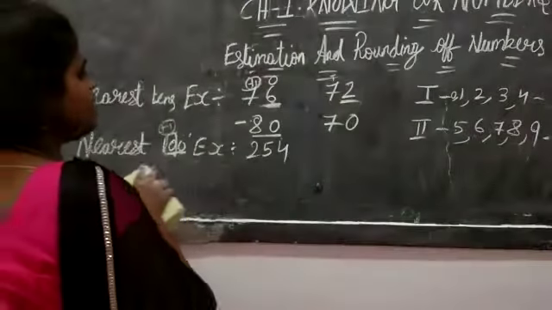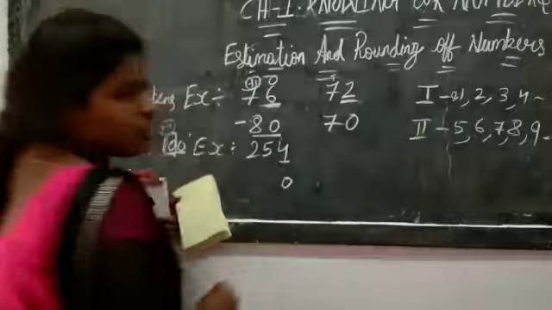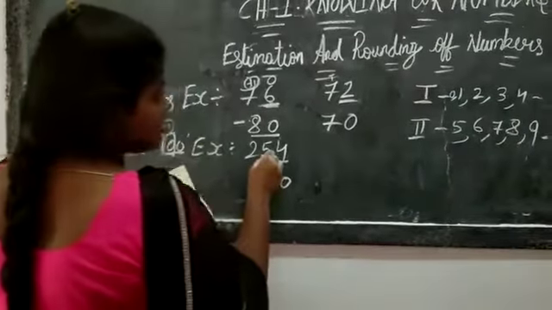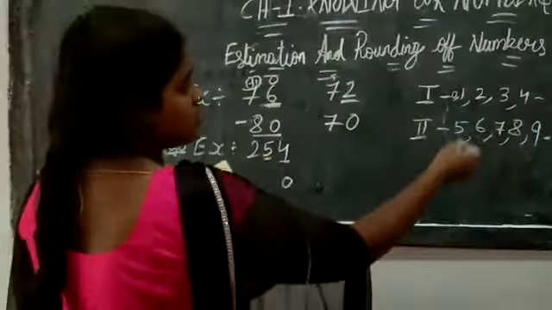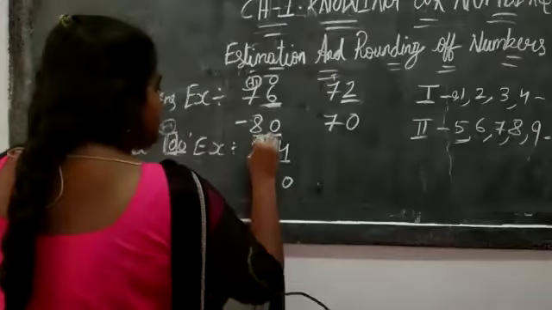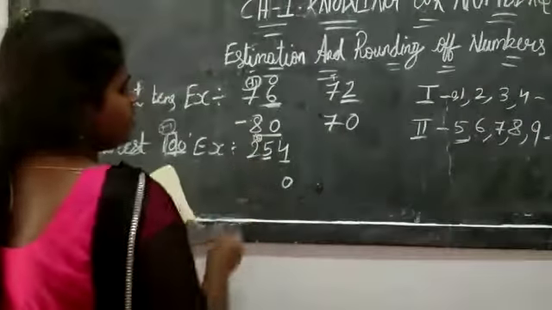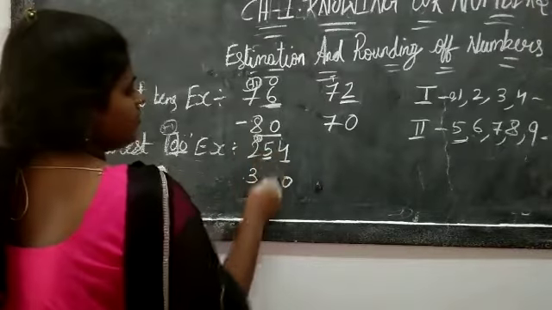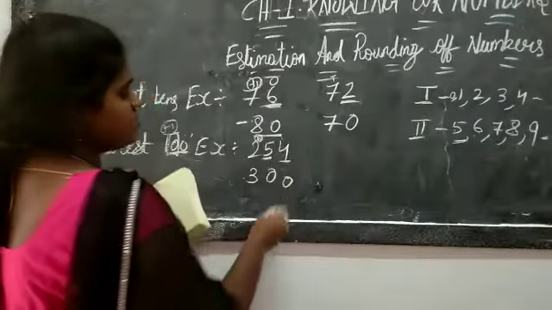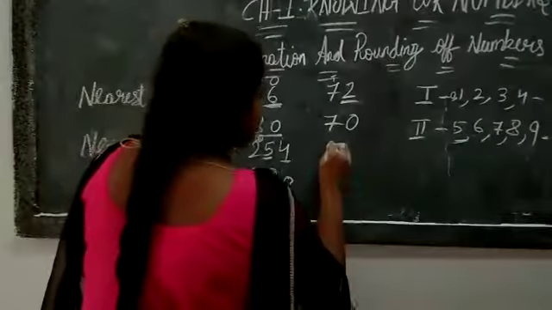So your ones place will automatically be 0, but you check in your tens place whether it is 5 or 6 or 7, or 0, 1, 2, 3. Now here it is 5. So what we need to do? We need to add to your hundreds place. Now add 2 plus 1 is 3. And your ones and tens place will be automatically 0. So the number 254 is nearest to 300. Now another example.